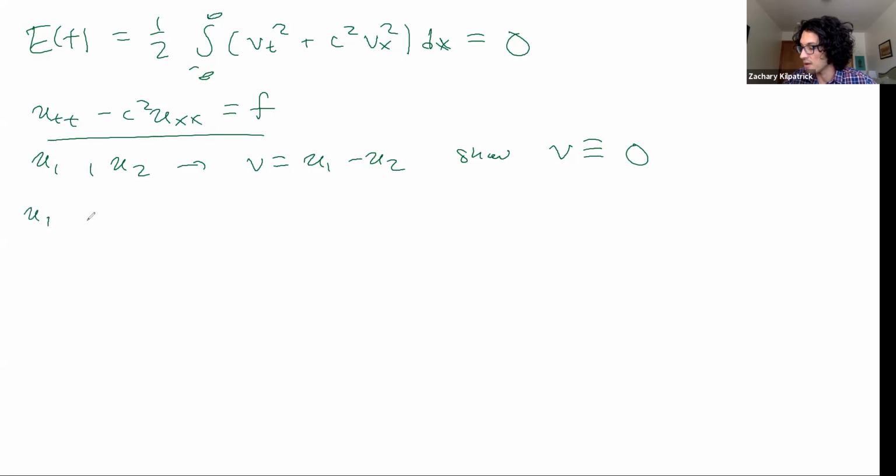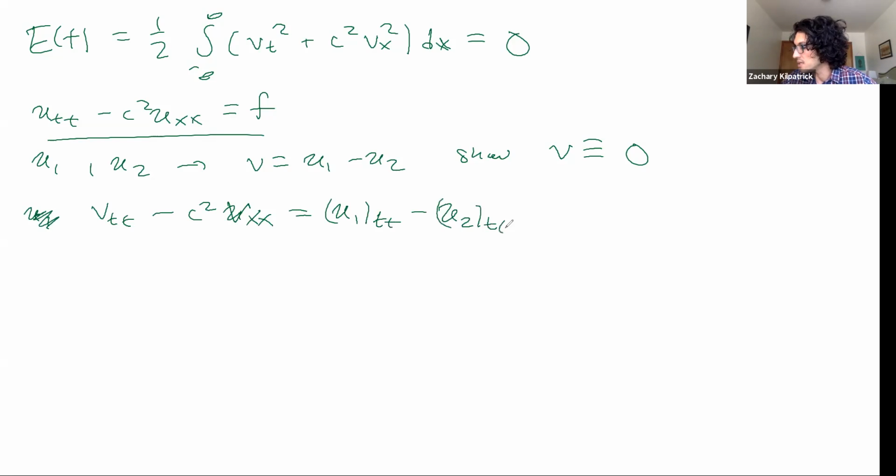And so when you do that, you have vtt minus c squared vxx is going to be u1 tt minus u2 tt minus c squared times u1 xx minus u2 xx, right?